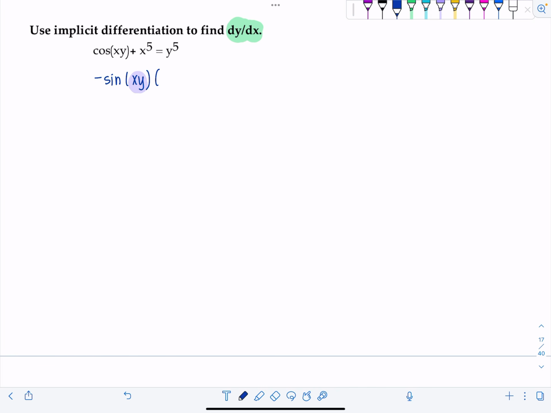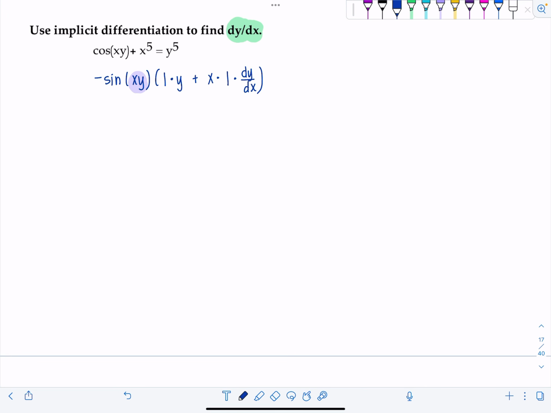So here we go, product rule time. Derivative of x is 1 times, I'm going to leave y alone. Remember, they take turns when they have their derivative taken with the product rule. Plus, then I'm going to leave x alone. And then what's the derivative of y? Well, it's 1, but then I need to multiply by dy/dx. Why is that?